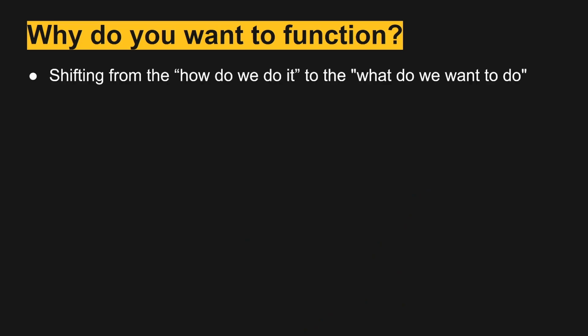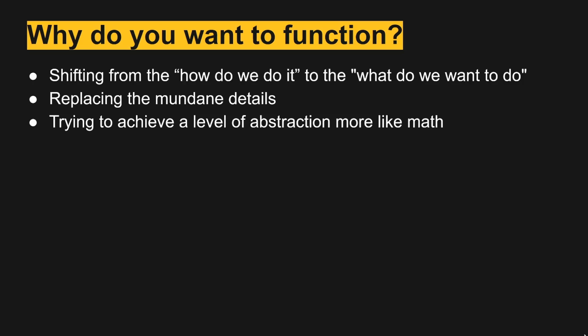So one of the reasons that is often cited is this shift away from how we do it to the what we want to do. So we replace these mundane low-level details that don't necessarily help you solve a particular problem, but are necessary if you're using a lower level programming language.